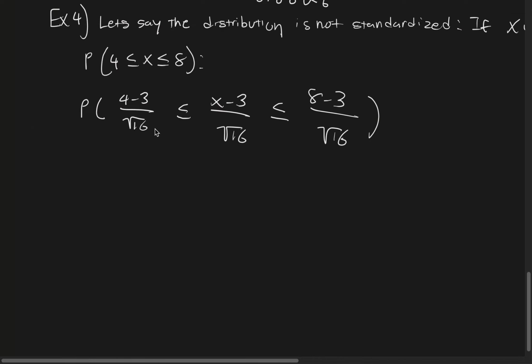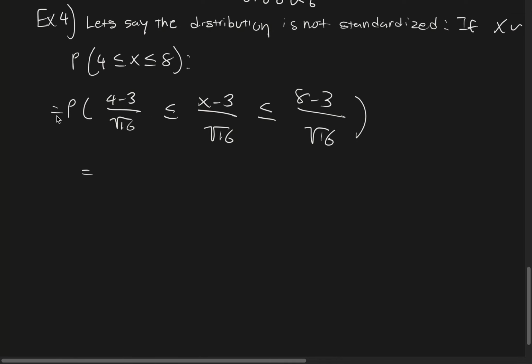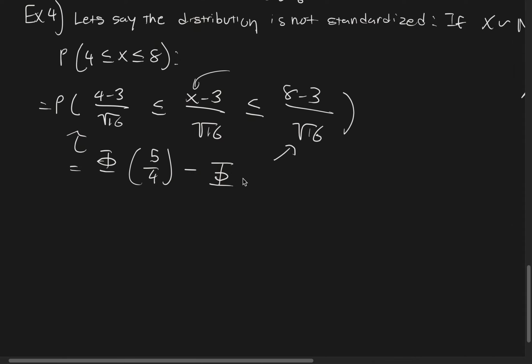So we'll write that out as phi of 5 over 4 minus phi of 1 over 4. This one's given right here, and this one's given right here. This is an unknown variable, so we're not including it as part of our final equation.